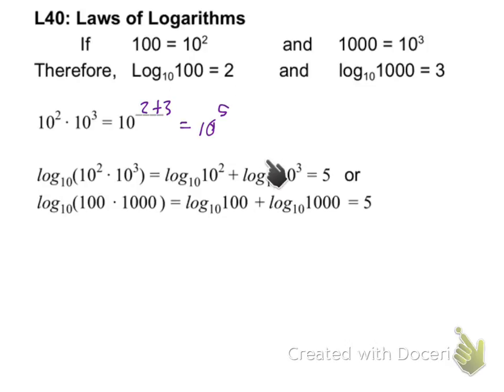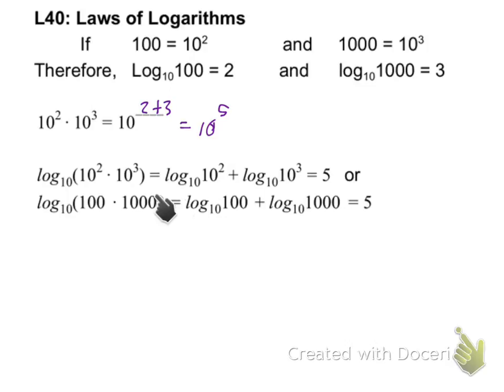Log base 10 of 10 to the third is 3. And 2 plus 3 is 5. Or log base 10 of 100 times 1,000 is log base 10 of 100 plus log base 10 of 1,000, which again is 2 plus 3, which equals 5.